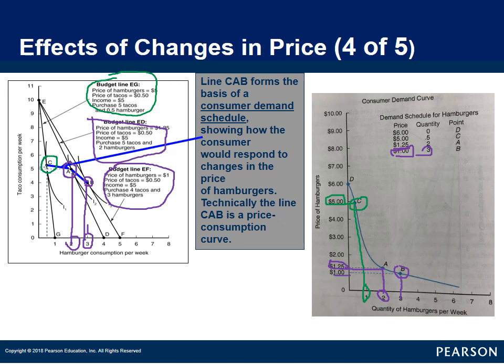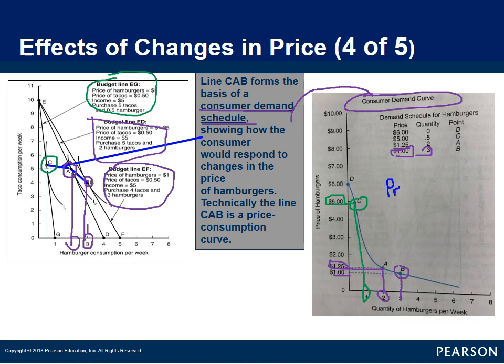So we used the consumer equilibriums to create a consumer demand schedule, which we then just turned into a consumer demand curve. And another name for this curve is called the price consumption curve.